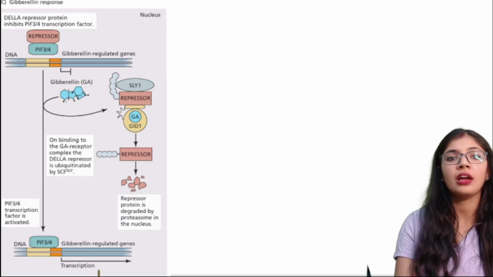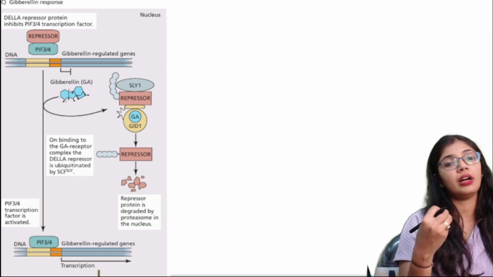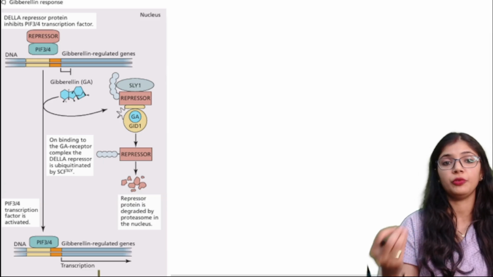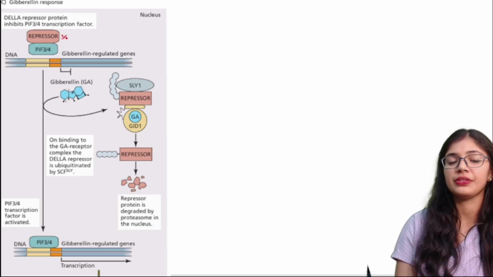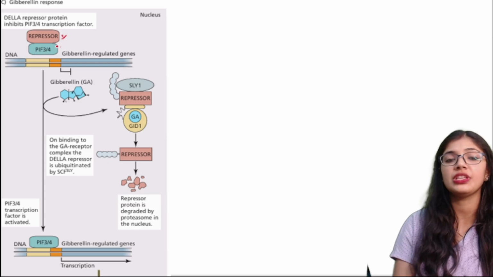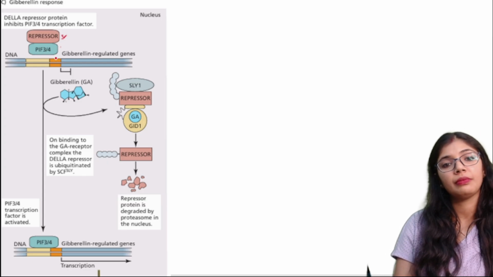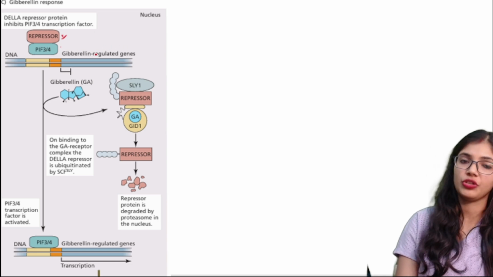So let us see how it is regulating other transcription factors or other proteins. You can see here there is a repressor, and there is a protein like PIF3/4 which binds with the promoter region of the DNA and regulates the formation of gibberellic acid related genes.